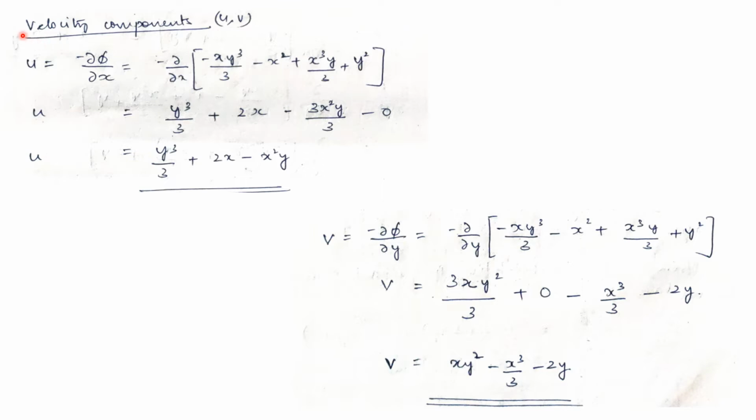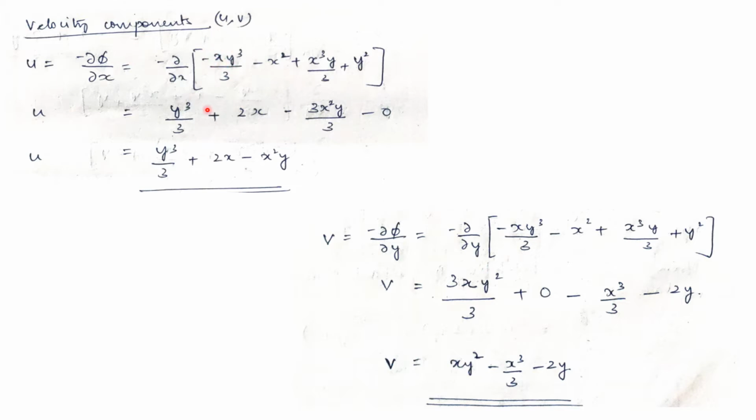Okay. So velocity components, you can write the velocity components. How will you write the velocity component u? That is the velocity in the x-axis will be minus of dou phi by dou x. We already described that. That is minus dou by dou x of minus x y cube by 3 minus x square plus x cube y by 3 plus y square. So after that, how will you write the velocity? Differentiating with respect to x, the differential of x would be 1 with respect to x.